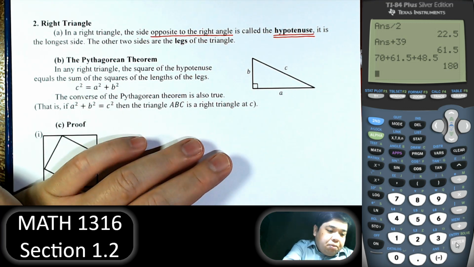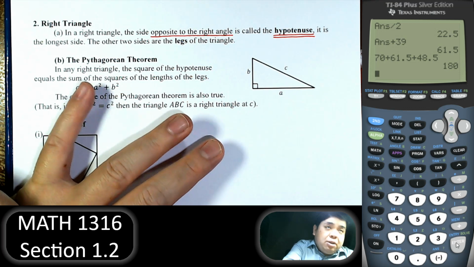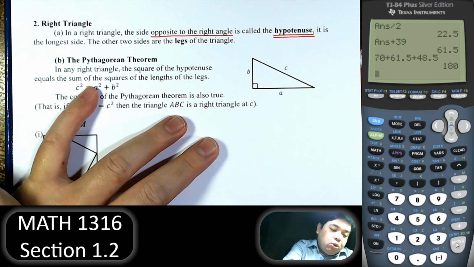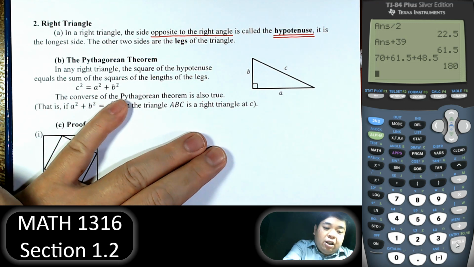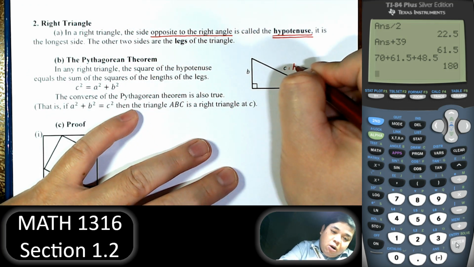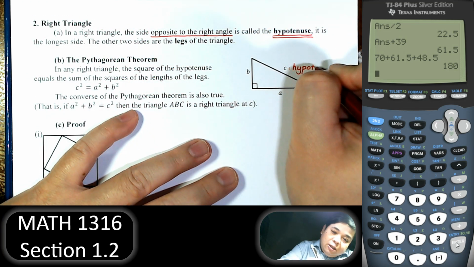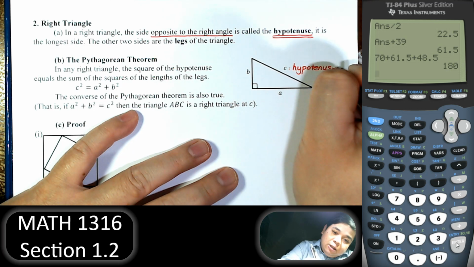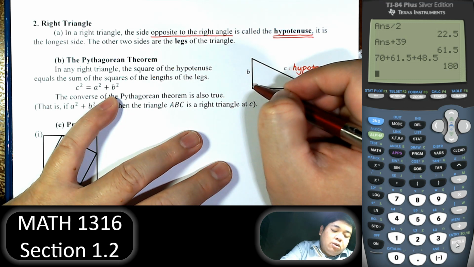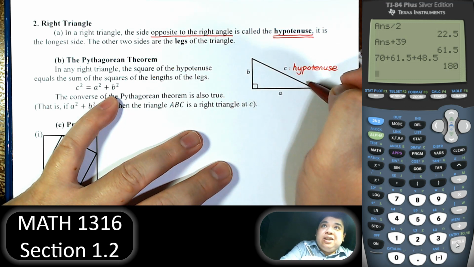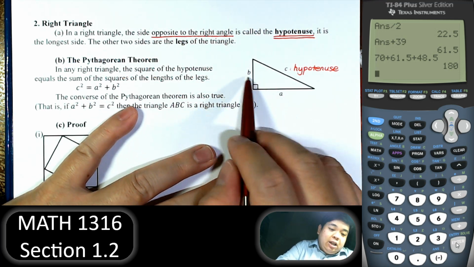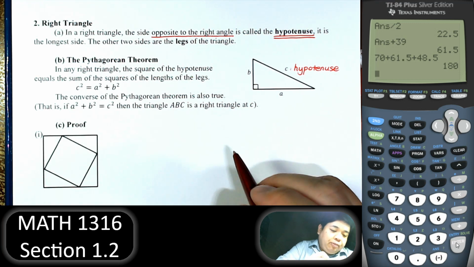And in the Pythagorean theorem, in a right triangle, the square of the hypotenuse is equal to the sum of the squares of the lengths of the legs. So c, in this case, is the hypotenuse. That is opposite to the right angle, and that is the longest side. Its square is equal to the sum of the squares of the other two sides.